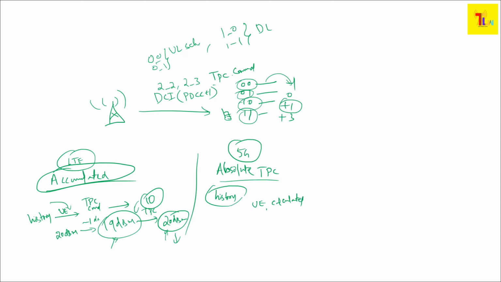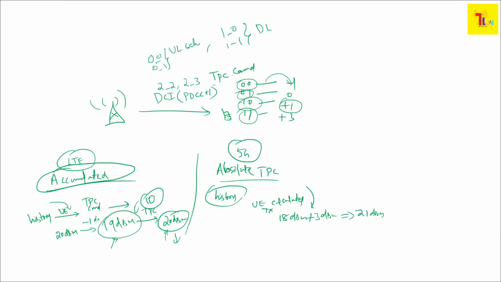For example, let's say the UE calculated TX power is 18 dBm. With the absolute TPC mode, let's say it has received 11. It just increments that 18 dBm with 3 dB, so it will eventually become 21 dBm.